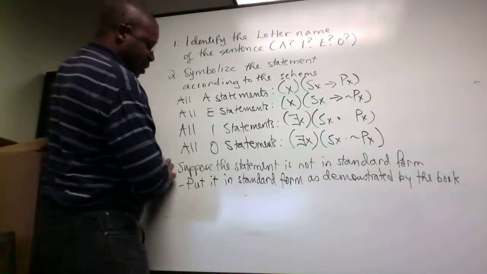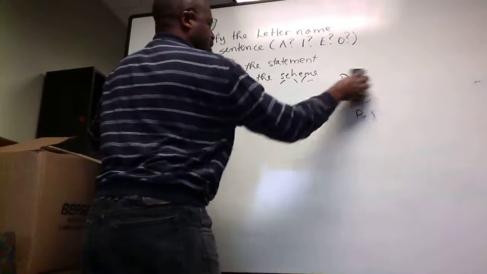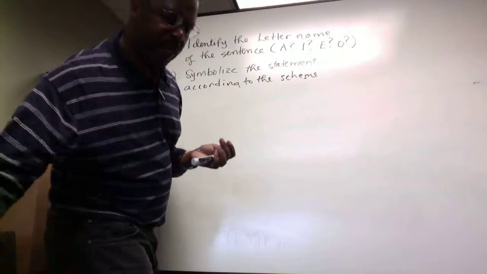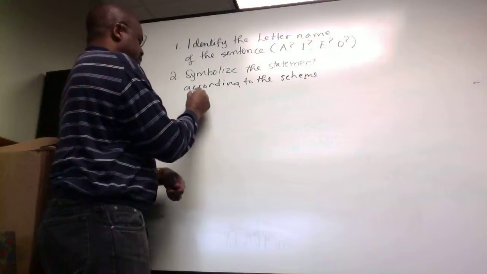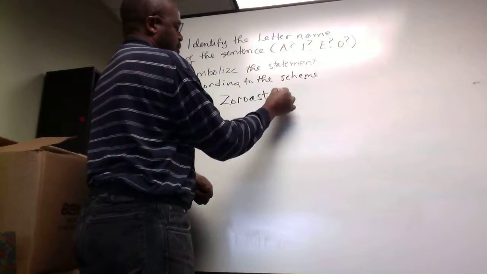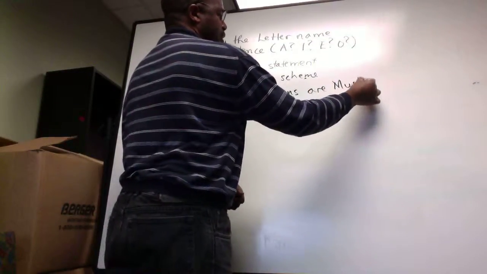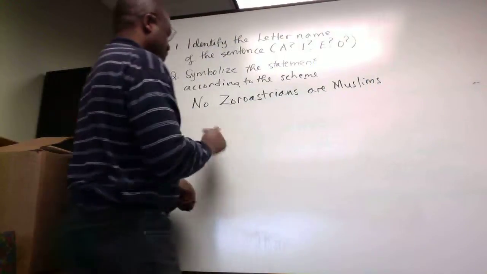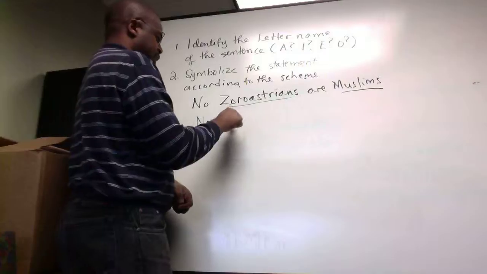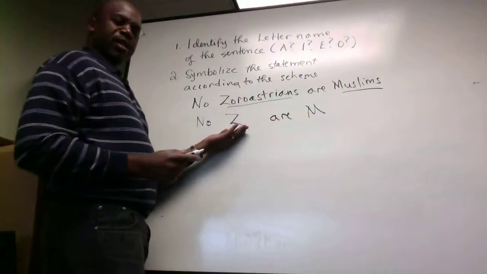So, having said that, let's try the very first statement. No Zoroastrians are Muslims. Just reduce this to letters: no Z are M. This is an E statement.